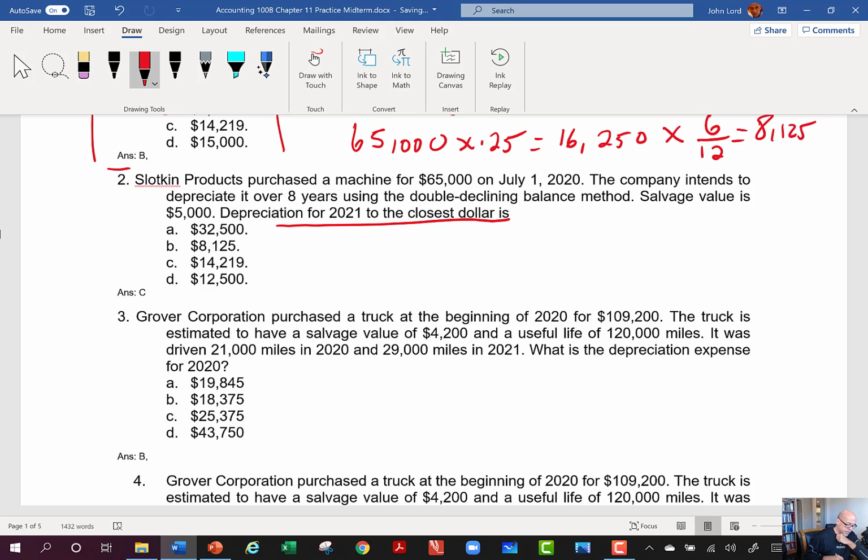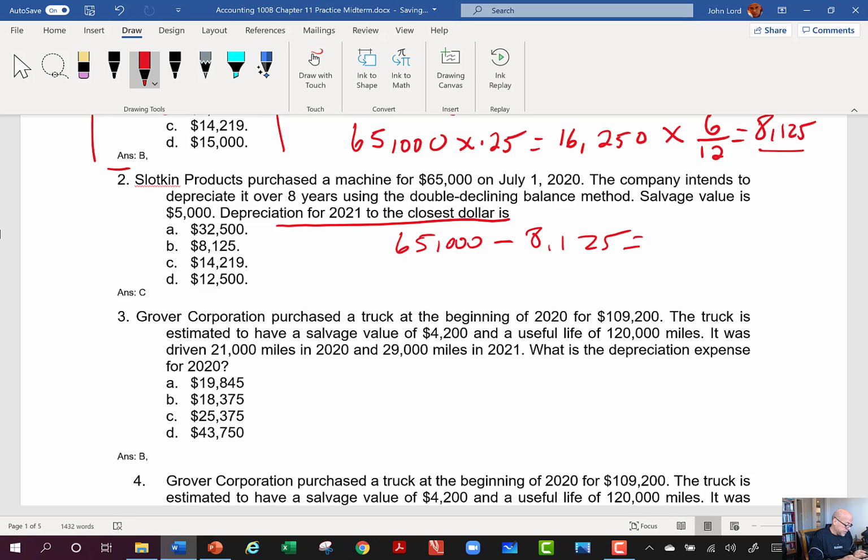Under double declining balance, we take the new book value at the start of the second year, which is $65,000 minus the depreciation that we took from the first year.